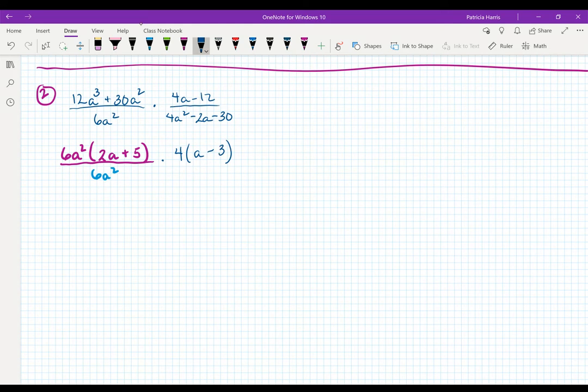Now, the bottom right denominator is 4a squared minus 2a minus 30. So I have a small problem, is that I have a greatest common factor and then I have a trinomial. So the first thing I'm going to do is factor out a greatest common factor, which would be 2.